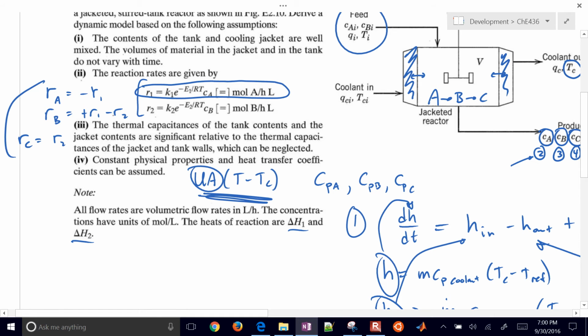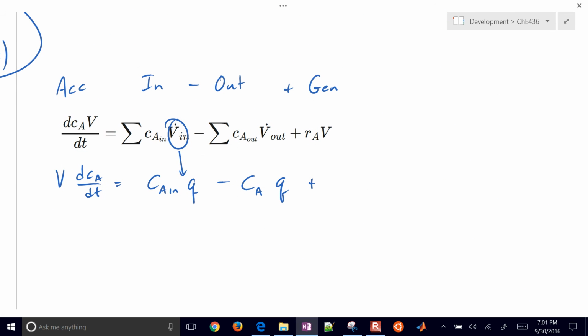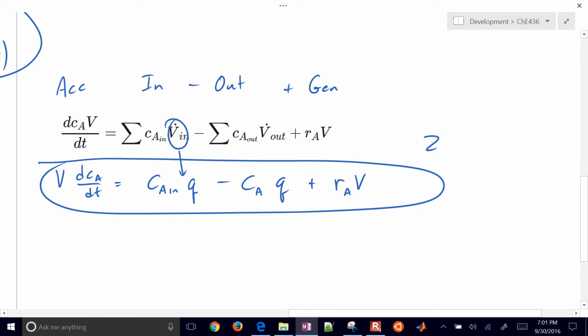We're going to use those later, but just remember that if you have A goes to B goes to C, with reaction 1 and reaction 2, then you're going to have these reaction rates for A, B, and C. So we have plus reaction A times volume. So this is our second balance equation.